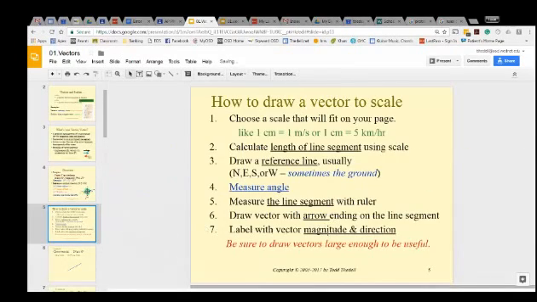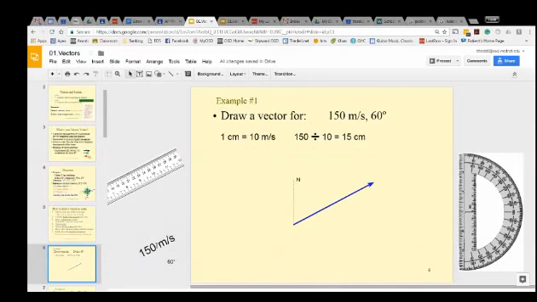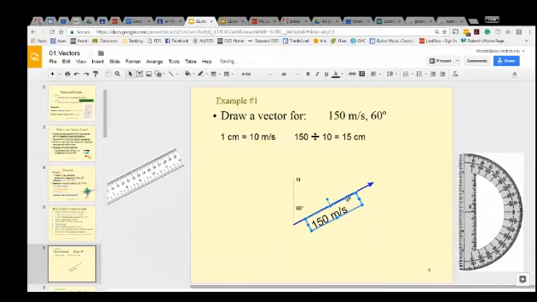My last step is to label it. So I bring in my labels. I'm going to put the angle inside of the angle, so the reader can see that. I'm going to put the measurement right along the vector, someplace like that. So there it is. That is drawn to scale.